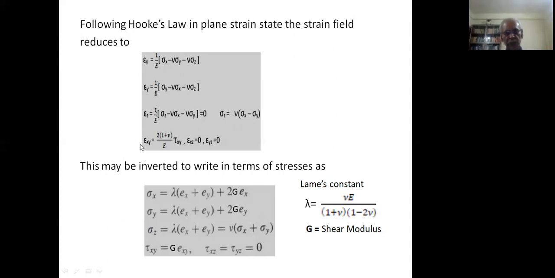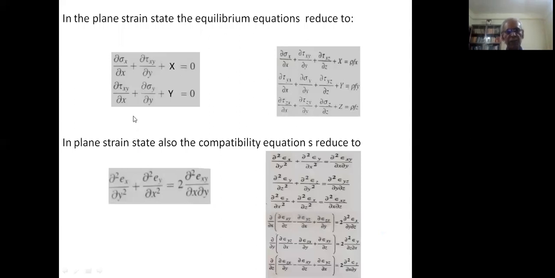So now we go to the next set of equations, that is the equilibrium equations. Again, the equilibrium equations for 3D I have written on the right hand side, and on the left hand side this becomes two simple equations, same as the plane stress: del sigma x by del x plus del tau xy by del y plus capital X equal to 0, del tau xy by del x plus del sigma y by del y plus capital Y equal to 0.